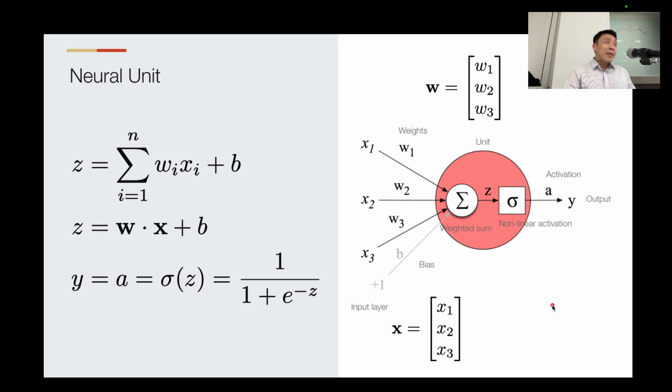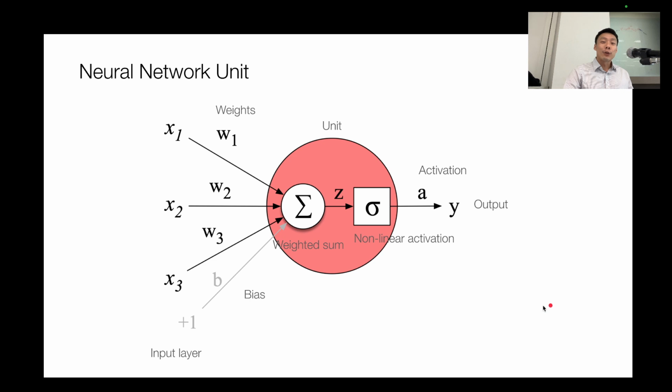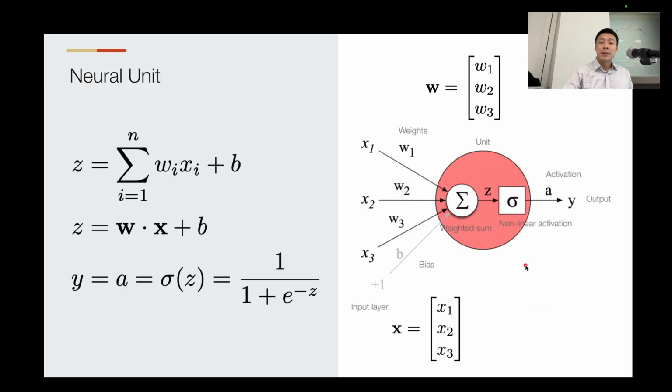I gave you the cute picture, and now here is the math. We form the activation over one layer as a vector, and we also form the connections from one layer to a neuron in the next layer as a vector as well. Then you do a dot product of the input layer and the weights, plus the bias.